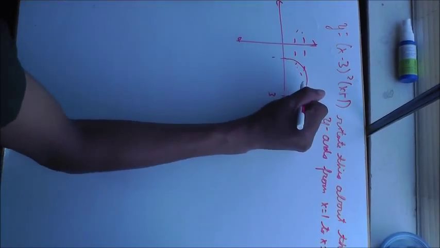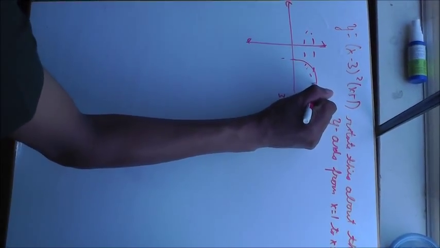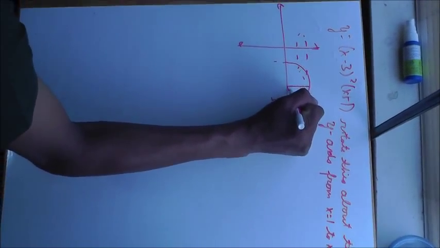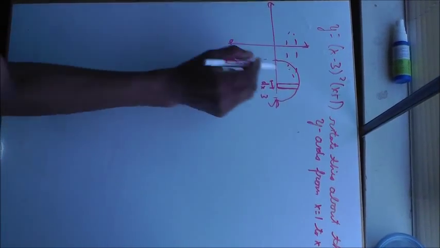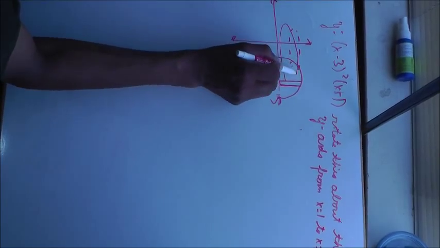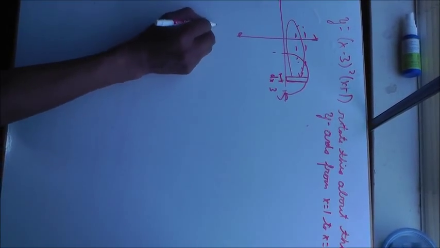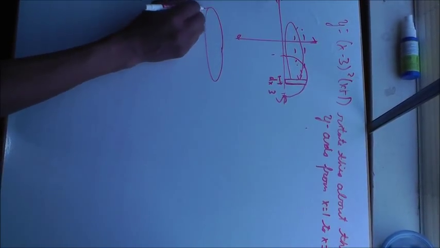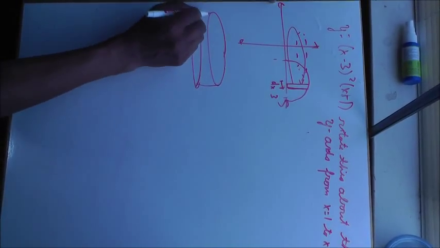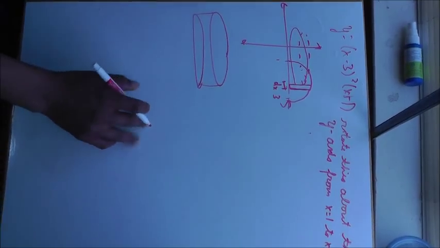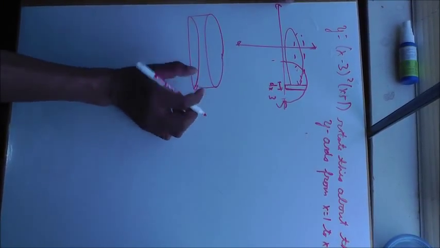With the shell method, we take cylindrical shells of thickness dx and rotate that around the y-axis. So we get a cylindrical shape which has a thickness of dx.